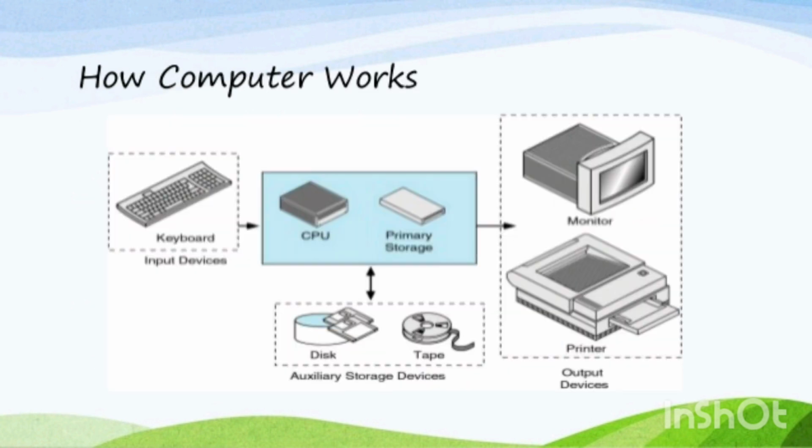This is a picture showing how computers work. First, the keyboard is where we give the input. Second, the CPU does the processing. Finally, third is the monitor, where we can see the information.